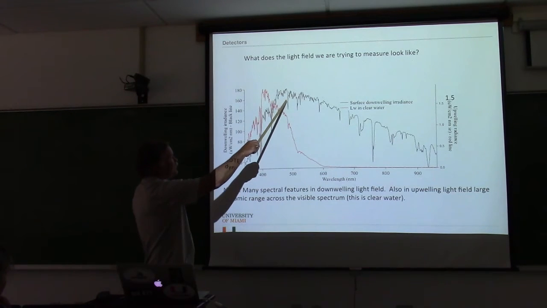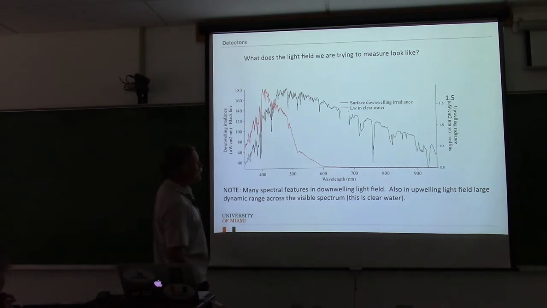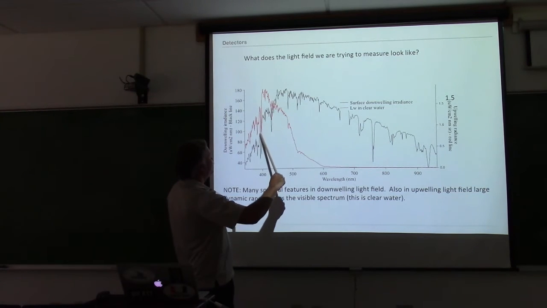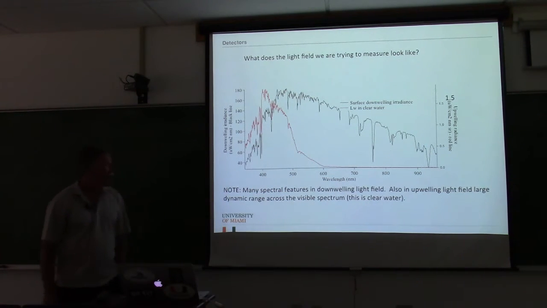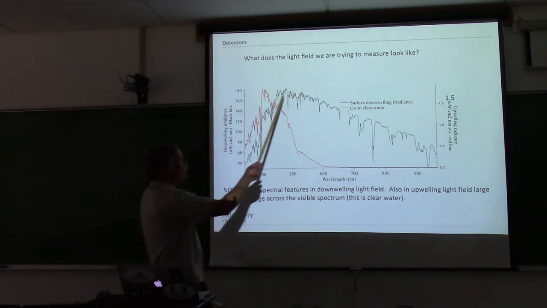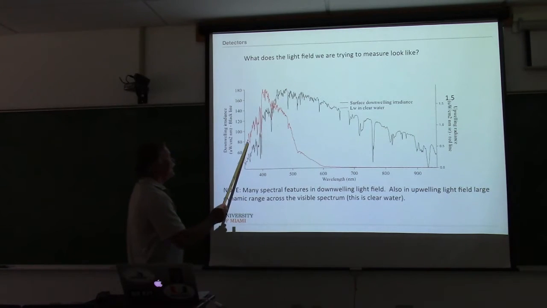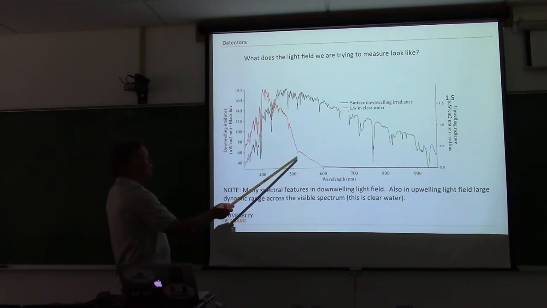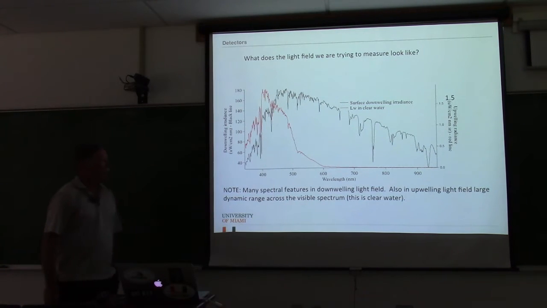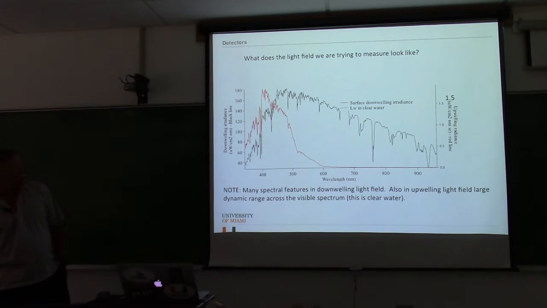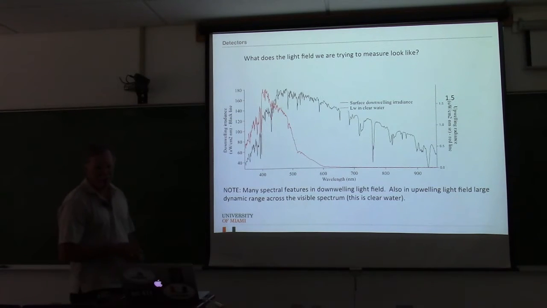There are all these nice sharp spectral lines that I described the other day, but it's basically a broadband black body radiation curve modified by these spectral bands and by atmospheric absorption bands in different spots. That's what the downwelling surface looks like. And we had this upwelling surface, which is clear water, so it's peaked in the blue. That's what we're going to be trying to measure: different features in that light field.